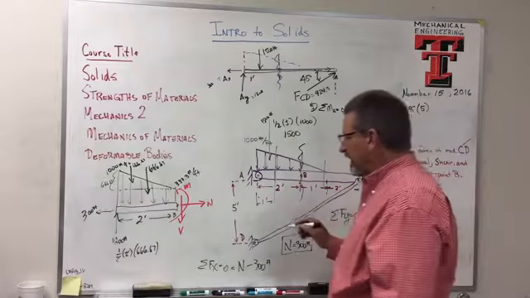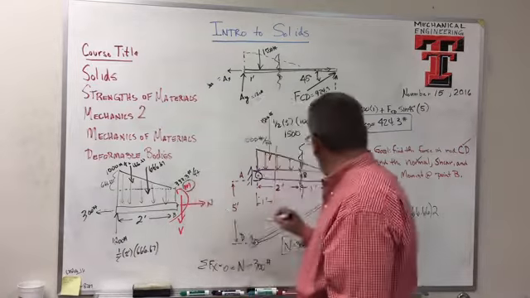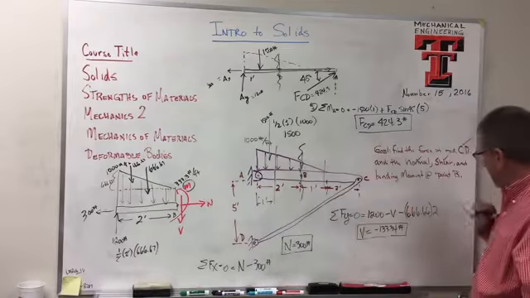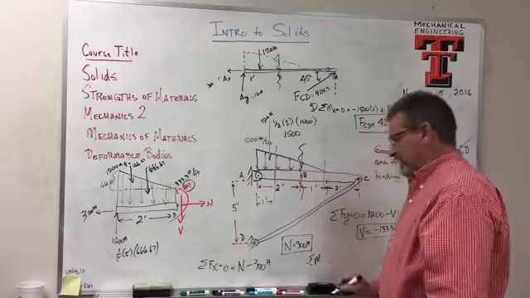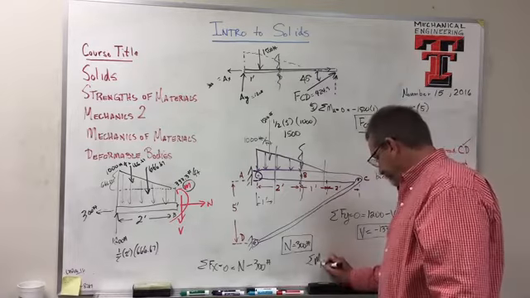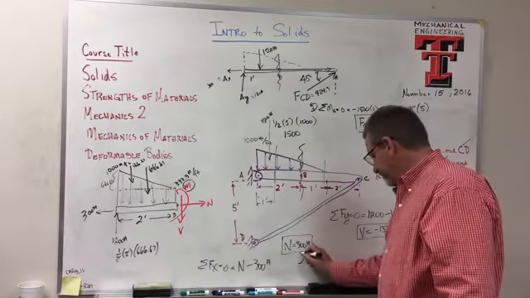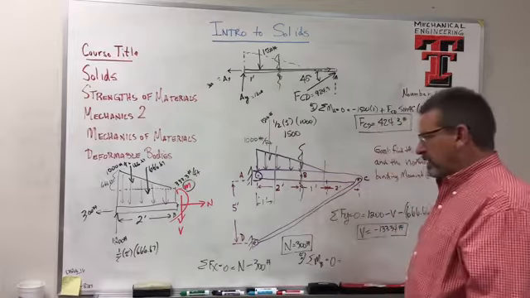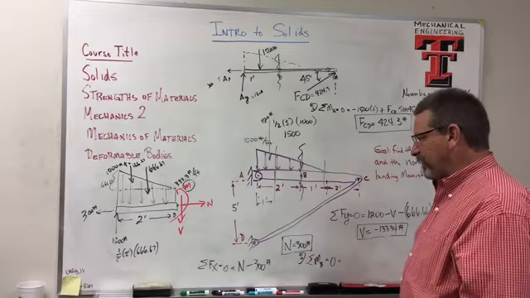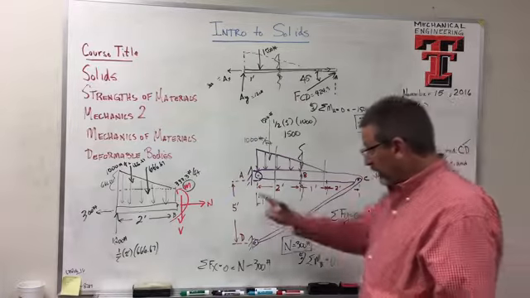Last one, and that is we got to find that guy. Because we found that guy, right? V. So here we go. Sum of the moments, and let's do it about point B, where we cut the beam. Okay? All right, so what do I have if I take the moments there? Well, I don't knock out moments.